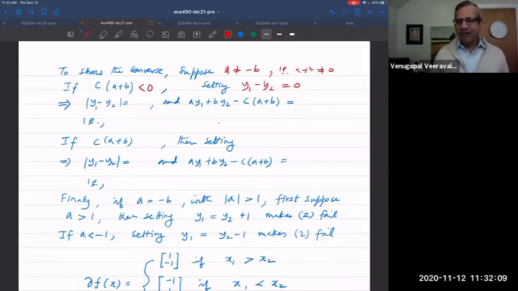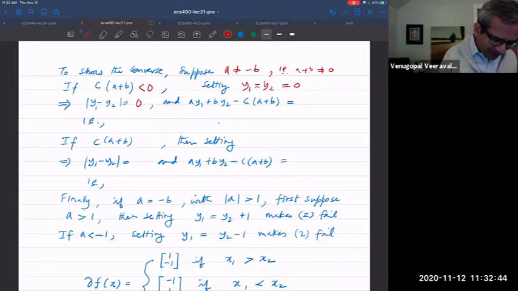Okay, so setting y1 equal to y2 equal to 0 gives us that y1 minus y2 is 0. But if we look at a y1 plus b y2 minus cab, both the y's are 0, so that's what I was trying to get at here.